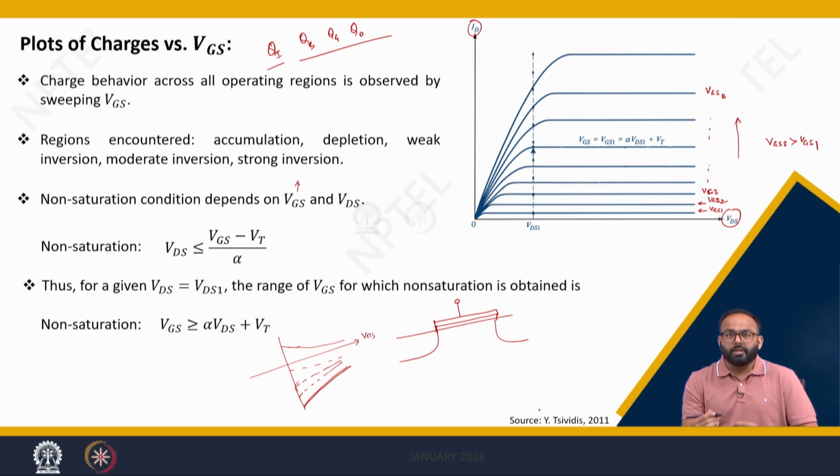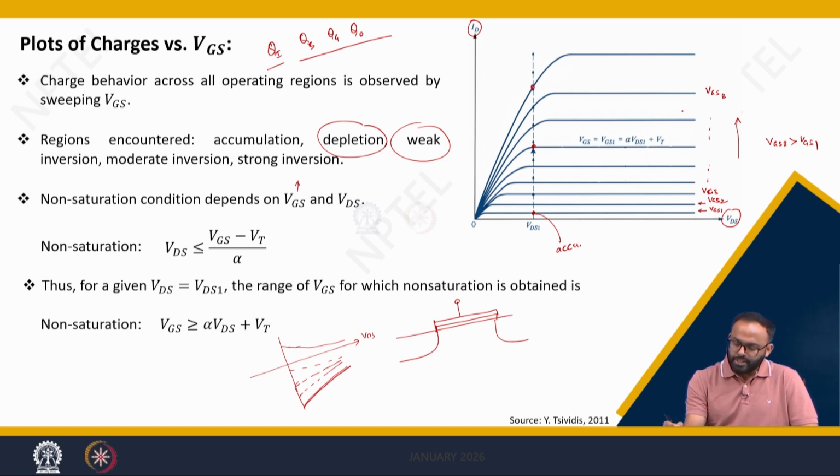Now the transistor will move with varying VGS in the following regions. First, when VGS is very small or negative, it will be in accumulation, then it will enter into depletion, then it will enter into weak inversion, then it will go to saturation, strong inversion, and after that, when VGS is very high, it will enter into strong inversion, non-saturation region.